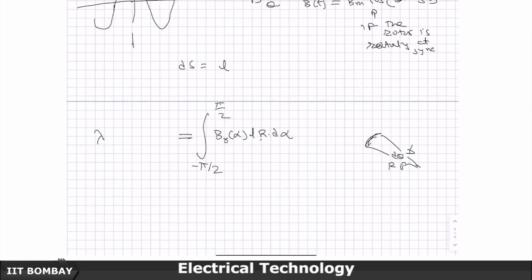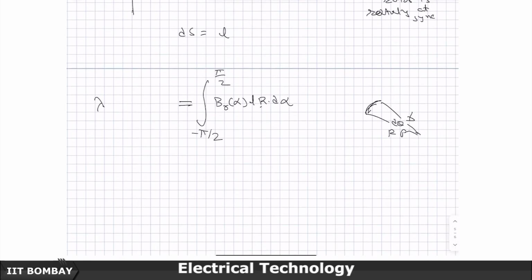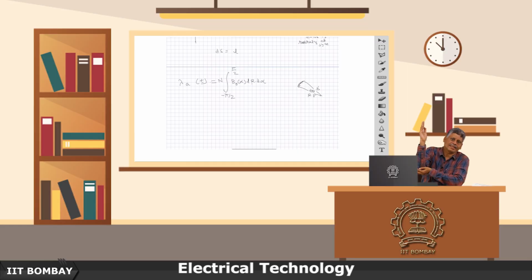So, therefore, lambda A of t is going to be equal to... and these angles, alpha, theta, everything, are with respect to the stator A phase magnetic axis.